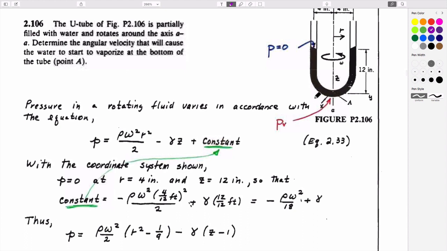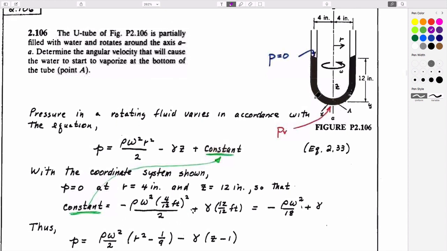It's in English units, but let's just go quickly through it. This is the expression we just derived that gives us the pressure at a particular point as a function of a rotation speed, a radius where we are, a density, a depth within the fluid, and some constant.